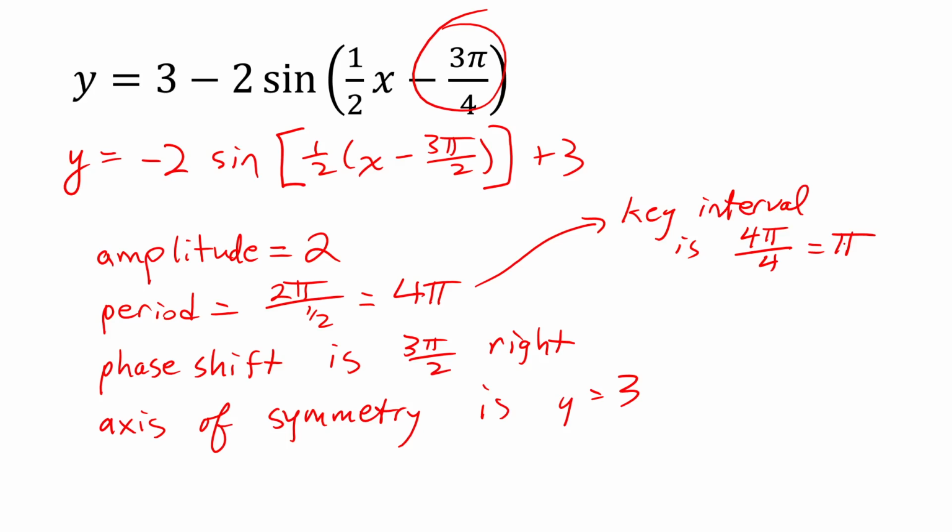Okay, so our period is 4 pi, our axis of symmetry is at y equals 3, our amplitude is 2, and our phase shift is 3 pi over 2 units to the right.